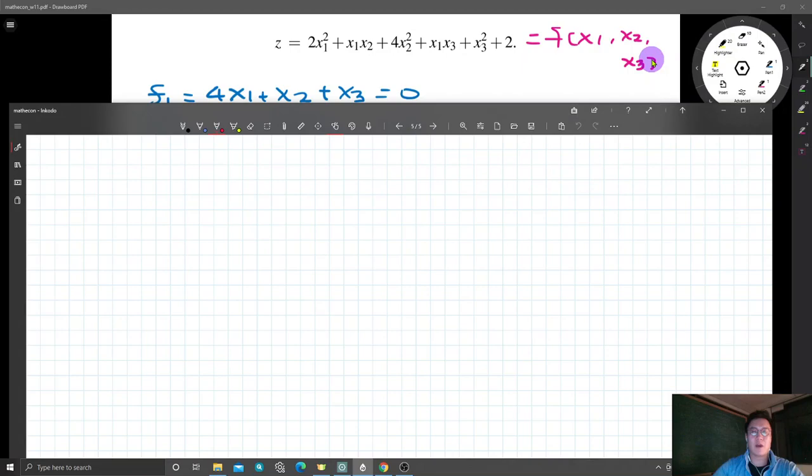F sub 1 1, we start from this one. x1 is the only variable, x2 and x3 are constants, and f sub 1 1 is going to be 4. And f sub 1 2, now x2 is the only variable, that is 1. f sub 1 3, now x3 is the only variable, that is 1.